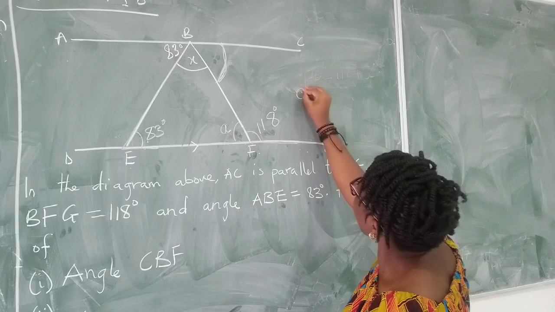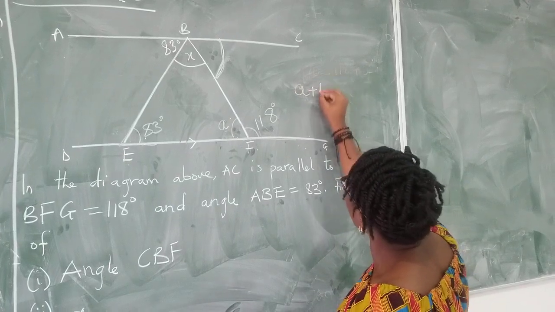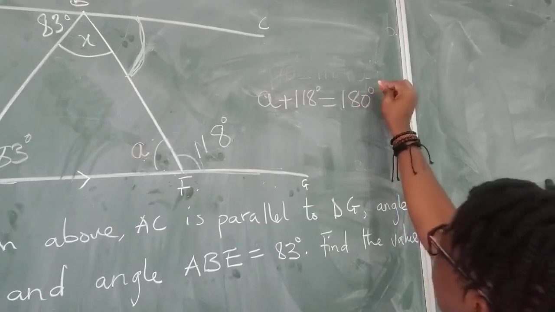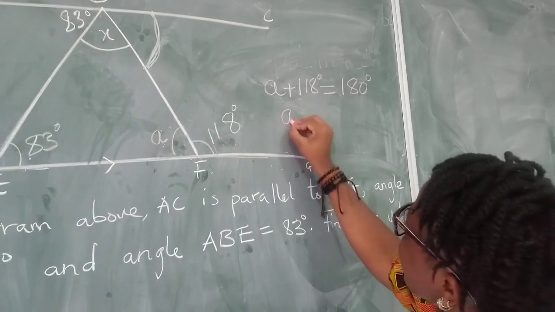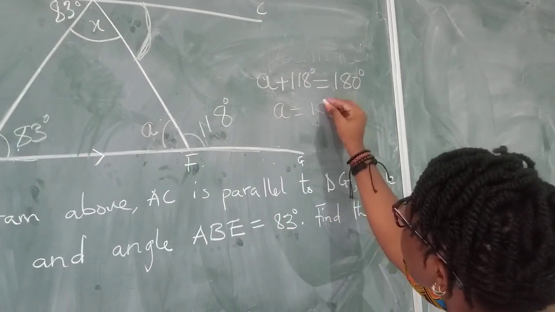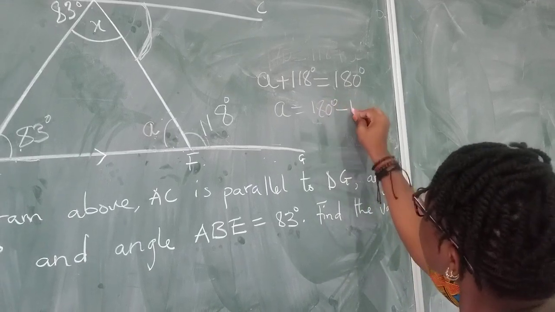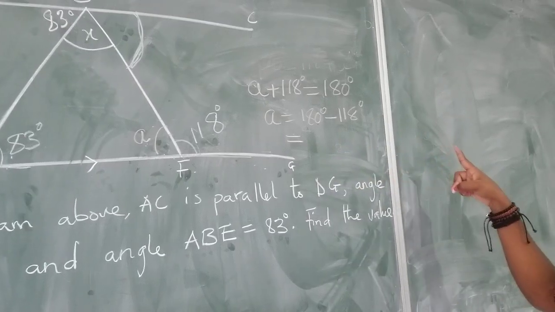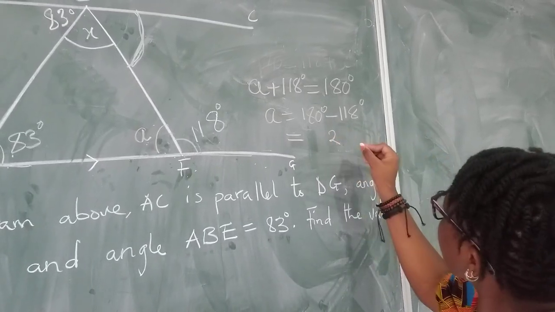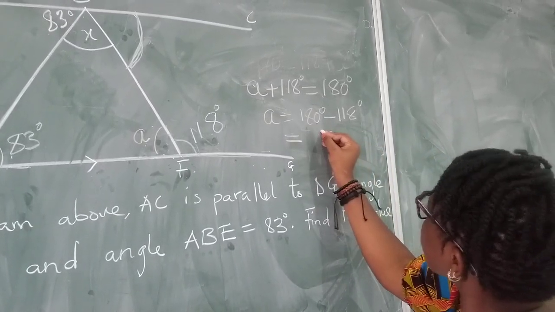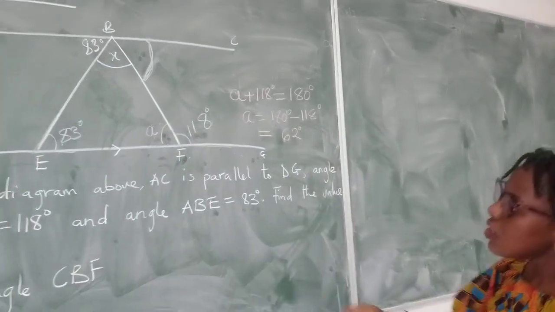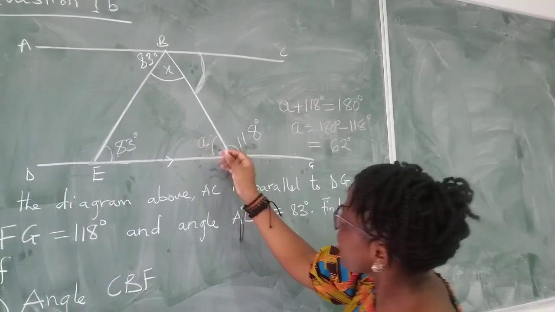So our A will be given by 180 degrees minus 118 degrees, which is 62 degrees. So our angle A here is equal to 62 degrees.